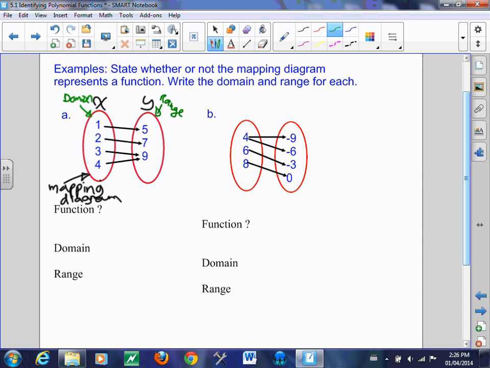Okay, let's take a look at the first one. Does each X have its own Y? Taking a look, each X has its own Y, so yes, this is a function.